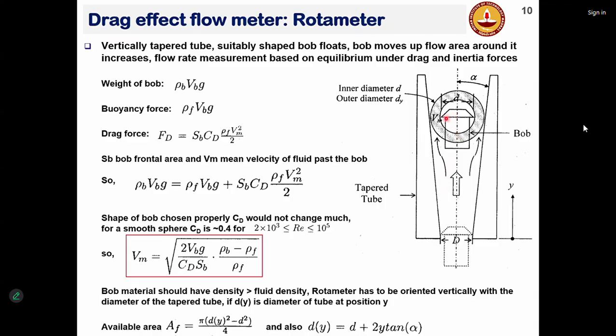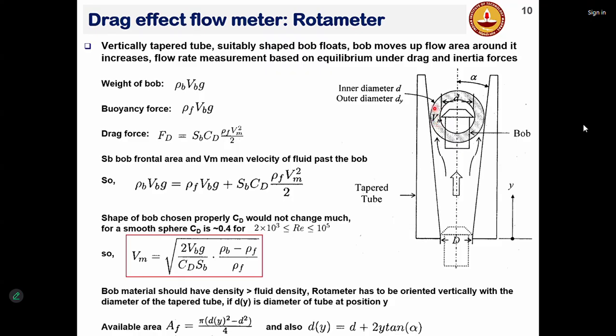So this bob has a diameter of small d, and the tube will have an inner diameter which is D. The flow area will be basically dictated by the d of the bob as the inner boundary, and the outer boundary will be the ID of this tapered tube.